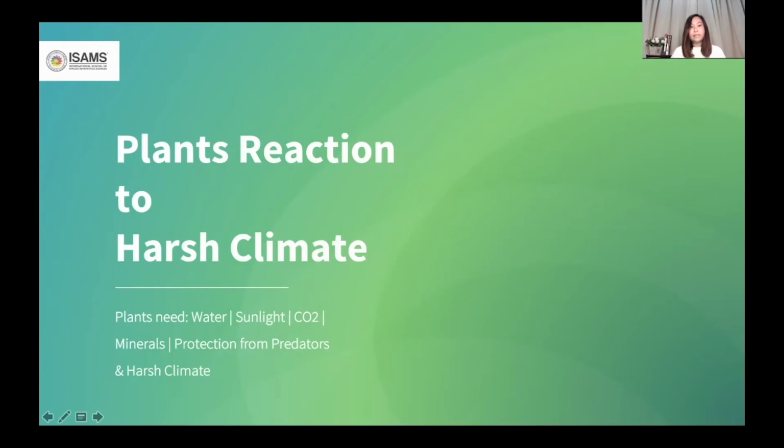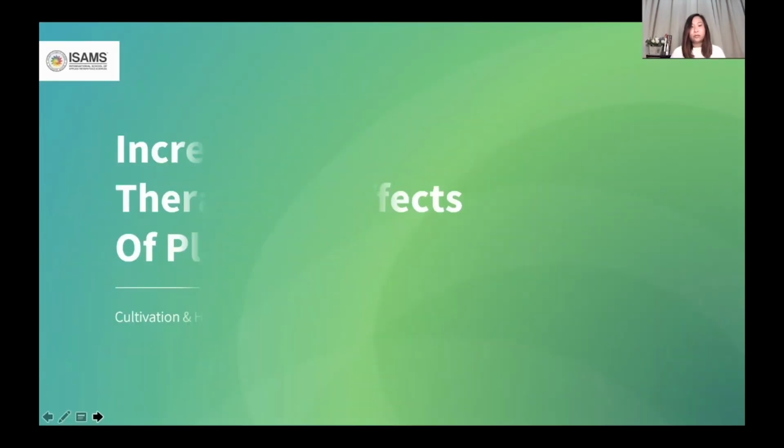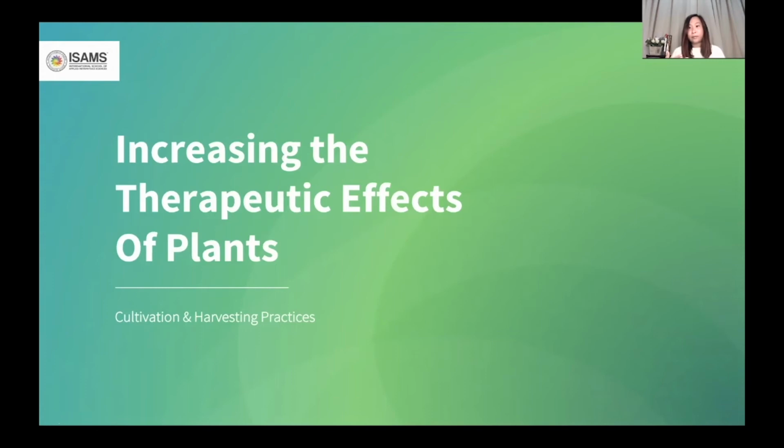Besides water, sunlight, carbon dioxide, minerals, protection from predators, and harsh climate, if we want to increase the therapeutic effect of the plant and grow better quality plants, we also need to look into cultivation and harvesting practices.